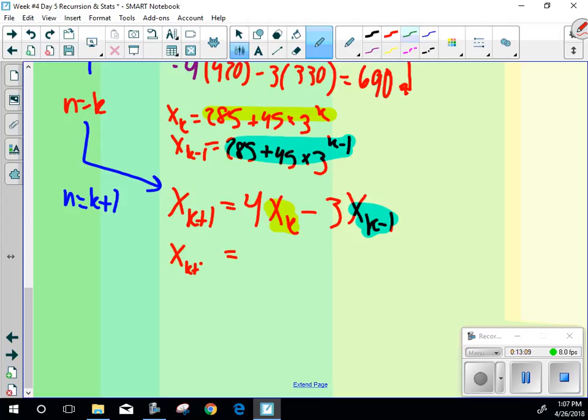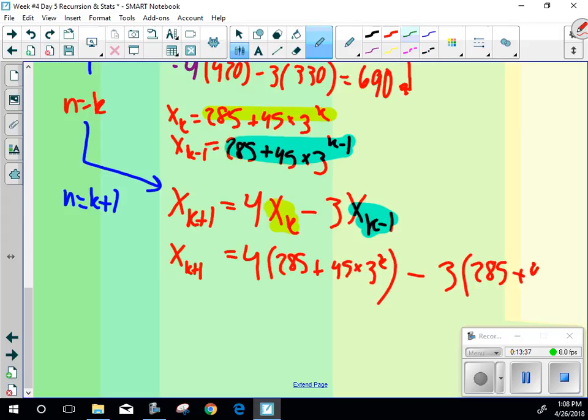X of k plus 1. This is kind of cool because I remember those formula ones, the algebra was really icky. But look at how nice this one is. 4 times x of k, 285 plus 45 times 3 to the k, minus 3 times, now this blue one, 285 plus 45 times 3 to the k minus 1.